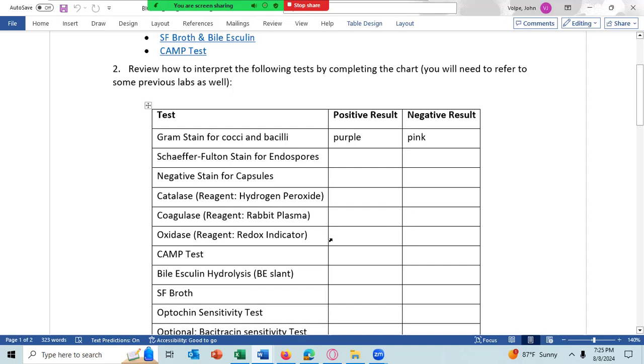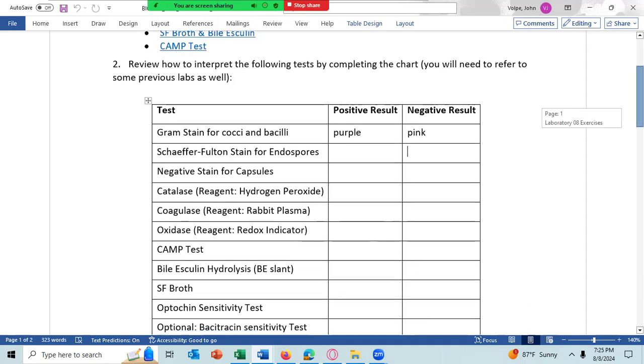Give me a positive result and the negative result. For the CAMP test, and this one is in this lab, give me the positive result and a negative result. The bile esculin hydrolysis test, give me the positive result and the negative result. For the SF broth test, give me the same. For the optochin sensitivity test, give me the same.